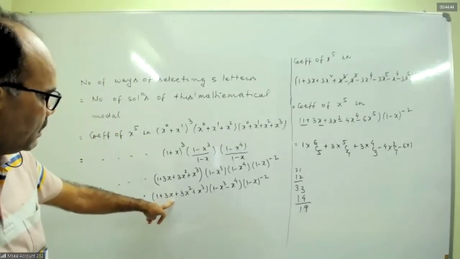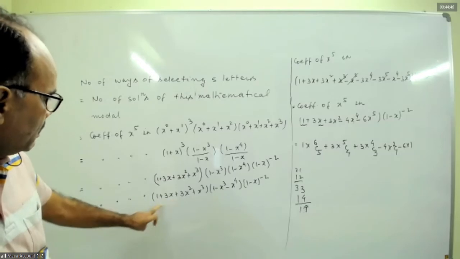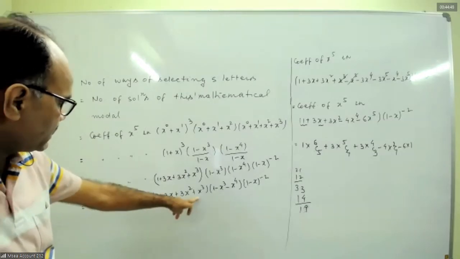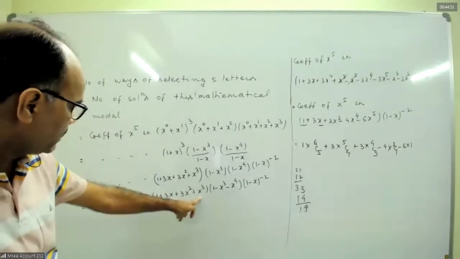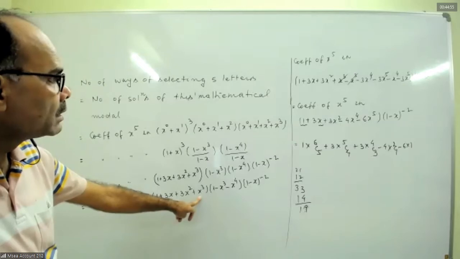We will get 1 plus 3x plus 3x square plus x cube. There was only one x cube.